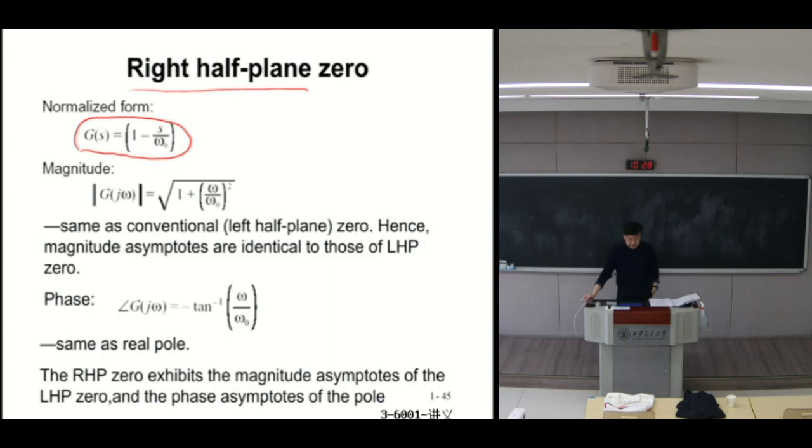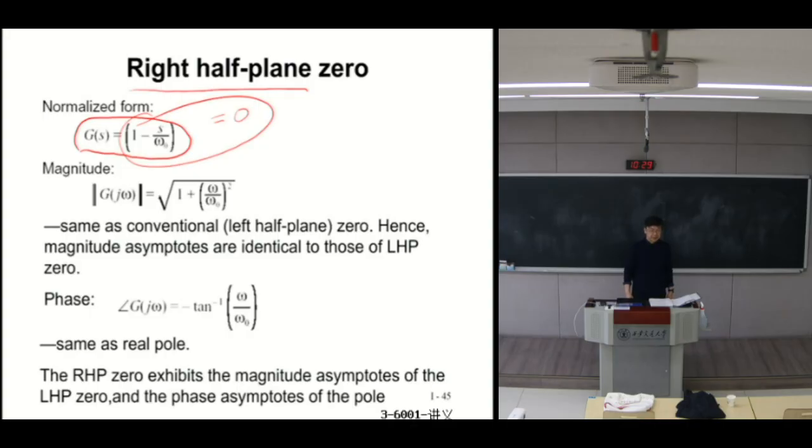Don't forget, when we talk about the location of a zero or a pole, we mean when we set this transfer function equal to 0, the root of this equation leads us to the location of the zero or pole.